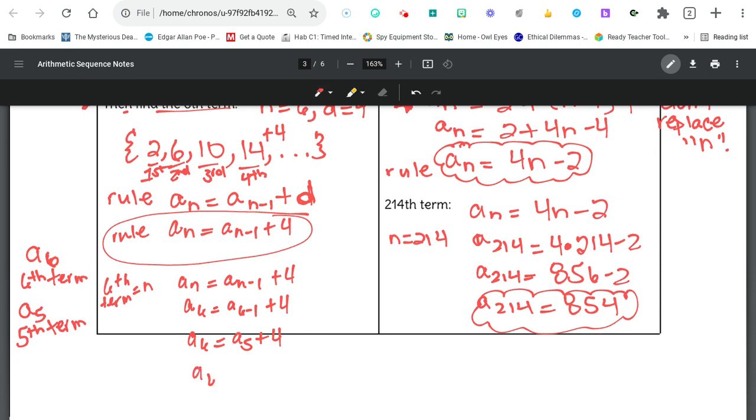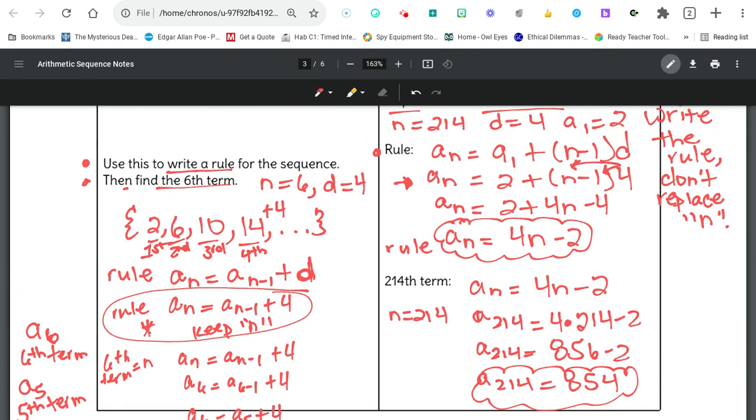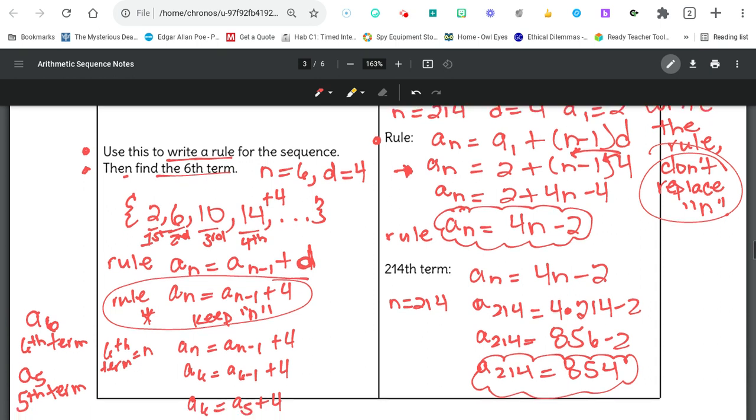And the fifth term is 18, and 18 plus 4 is 22. Yeah, I think it's better to go this route where you keep n when you're writing the rule. We're going to keep n on both of these, recursion and the explicit formula, okay?